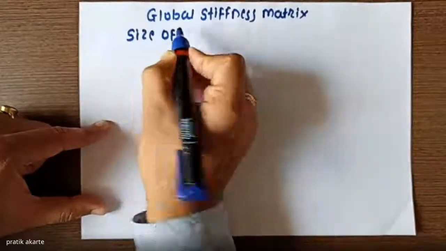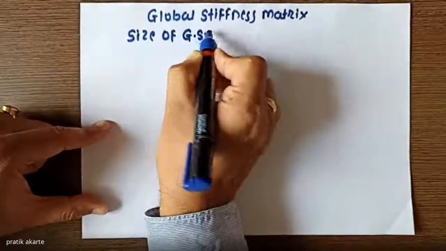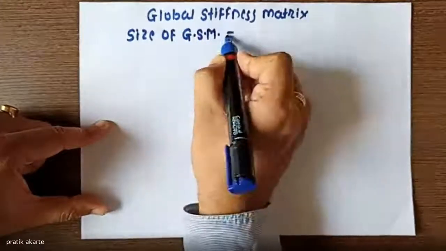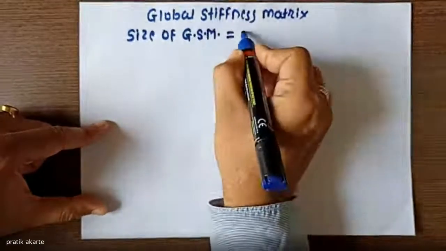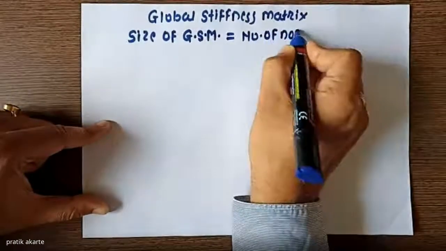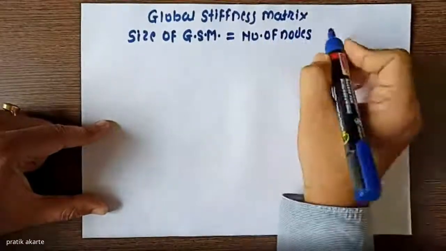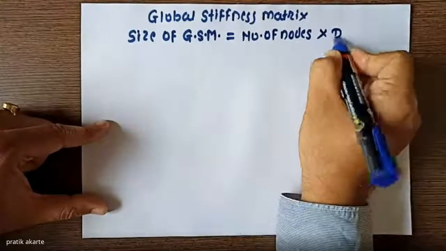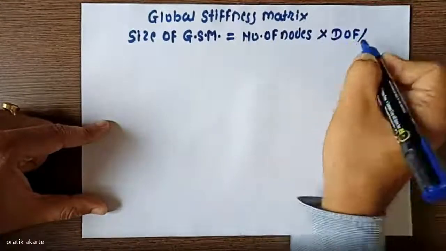Size of the global stiffness matrix is given by the number of nodes in the system into degrees of freedom per node.